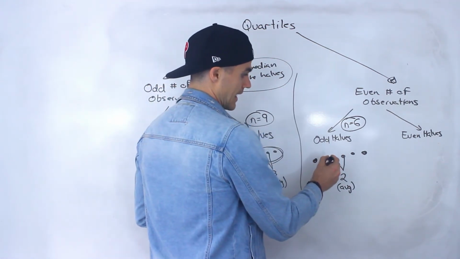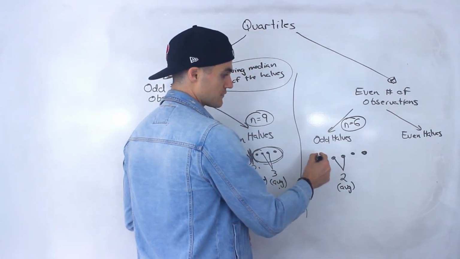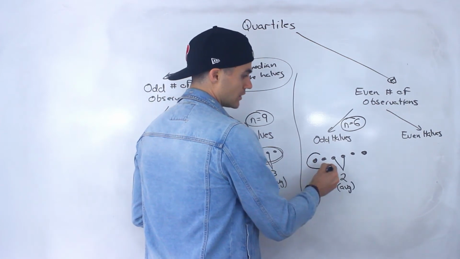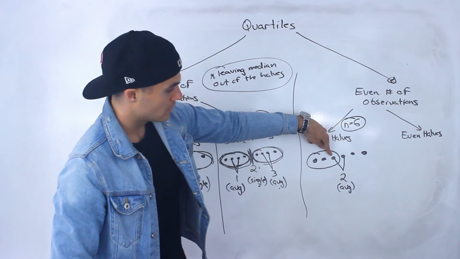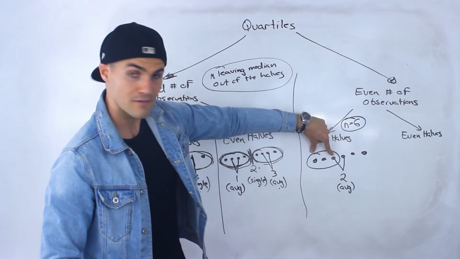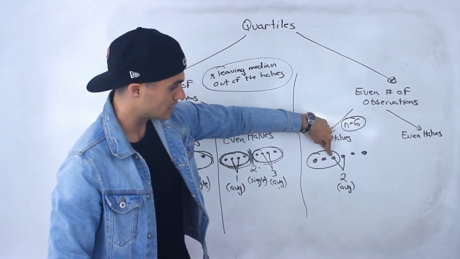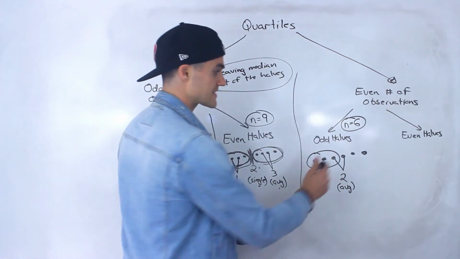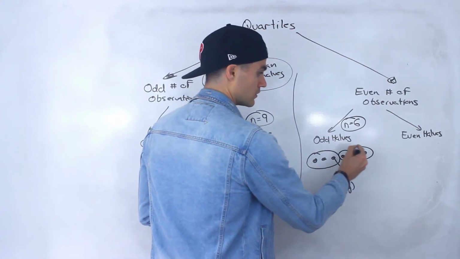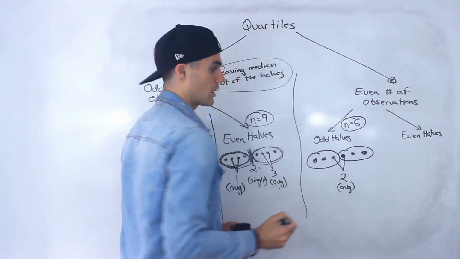But now the halves of the data, what we're going to do is we're actually going to include that first middle observation in the first half, and in the second half, we're going to include that second middle observation.